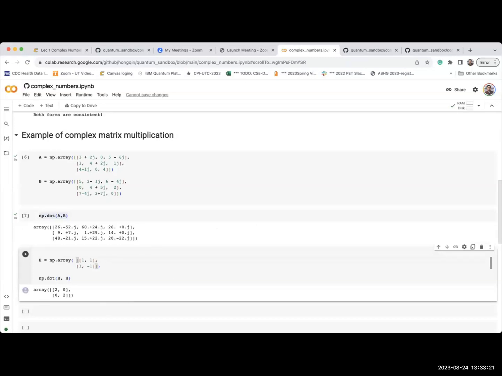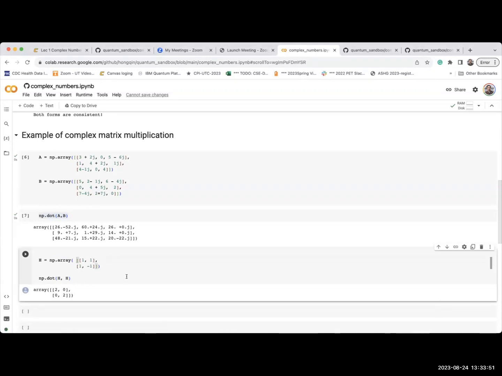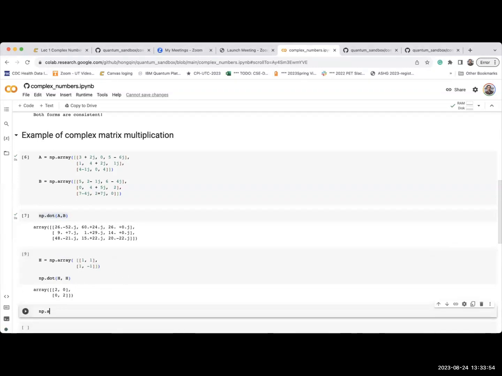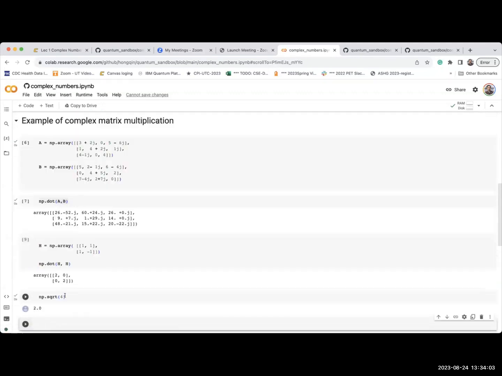How do I put the square root over there? I'm trying to see the Python library for the square root. I think it's np.sqrt. Is that the square root? I think so. Let me make sure about it. Let me see, np dot square root. Yeah, correct.